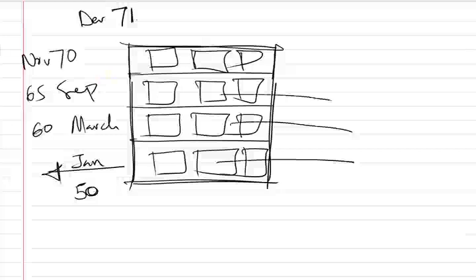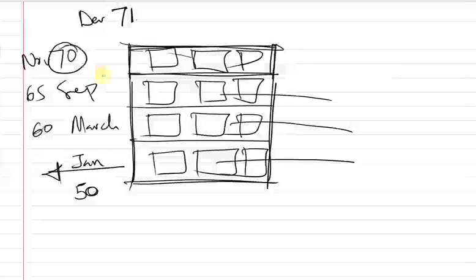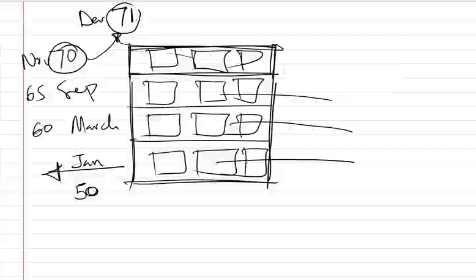For example, the last batch was not sold. That means the last batch will be valued at 70, while the current market price is 71, so it will be closer to the market price. That's why we are saying that we are going to produce realistic inventory values.